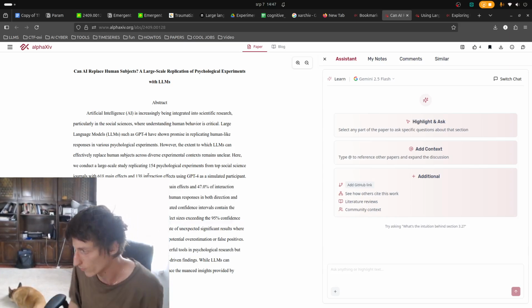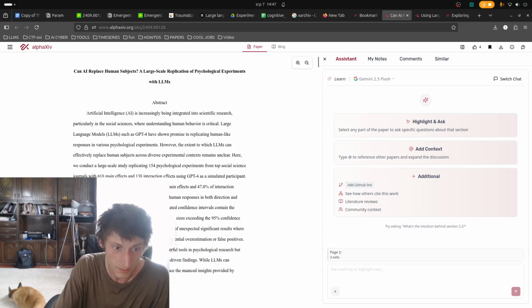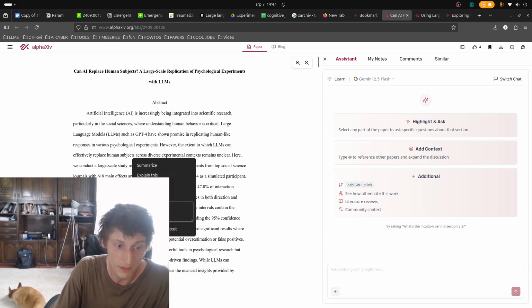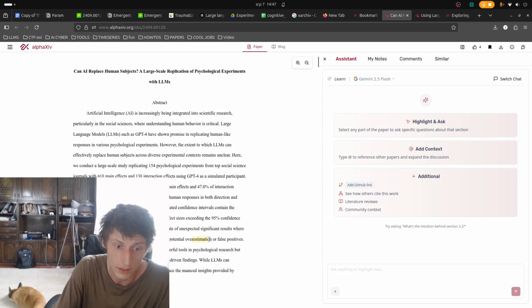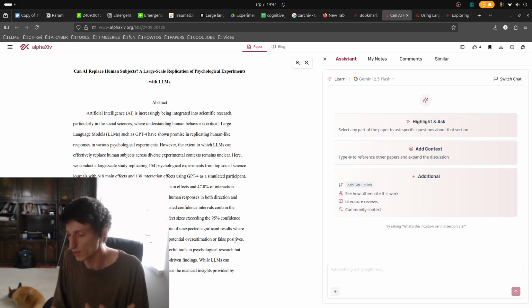So you can use it, but 90% of GPT-4 replicated confidence intervals contain the original effect sizes. So the effect sizes are blown up. And 71% was the rate of unexpected significant results where the original studies reported null findings, suggesting potential overestimation or false positives. So I wanted to talk about this.